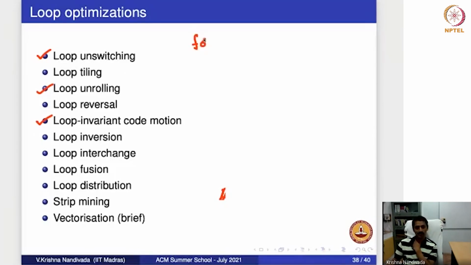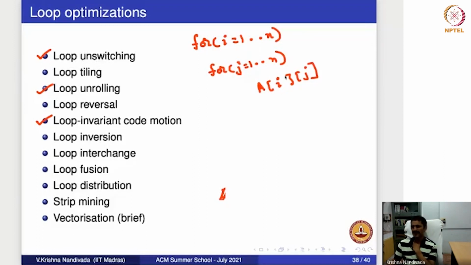Let us say I have a loop that looks like this, and I have some code that goes over A sub ij, like a matrix multiplication, that repeatedly accesses the rows again and again and the columns again and again. So if I have a matrix like this, I repeatedly access these elements again and again.